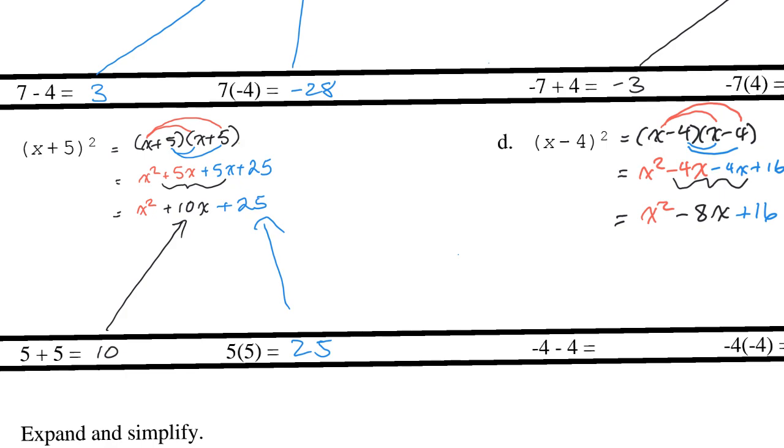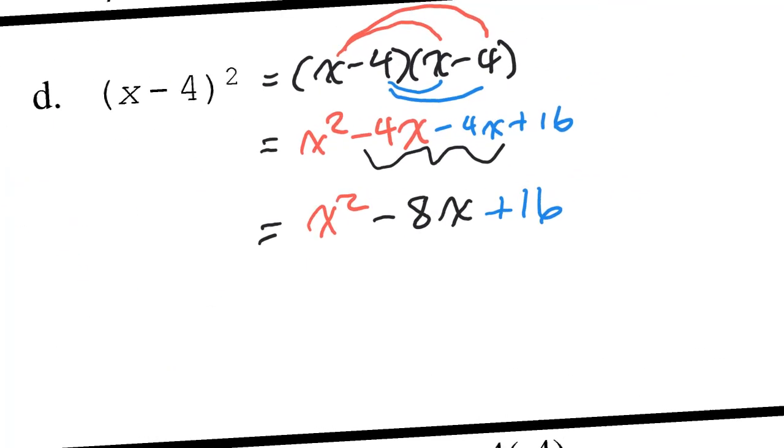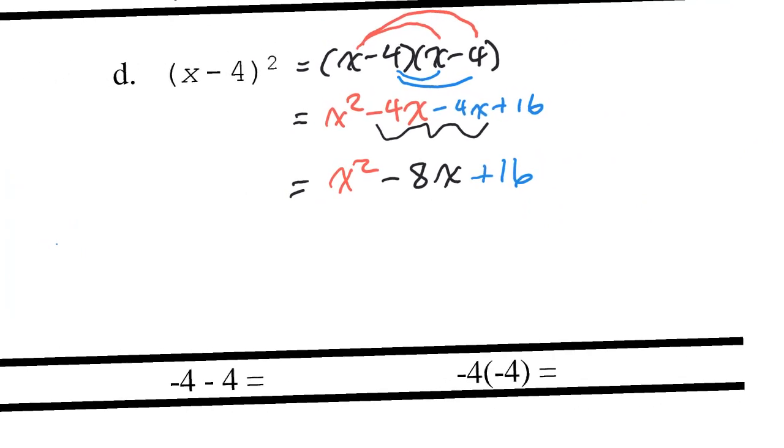So we end up with this for part D. And to summarize, you'll notice that negative 4 minus 4 gives us negative 8, which refers to the minus 8x. And then we have negative 4 times negative 4 is positive 16, which refers to that.